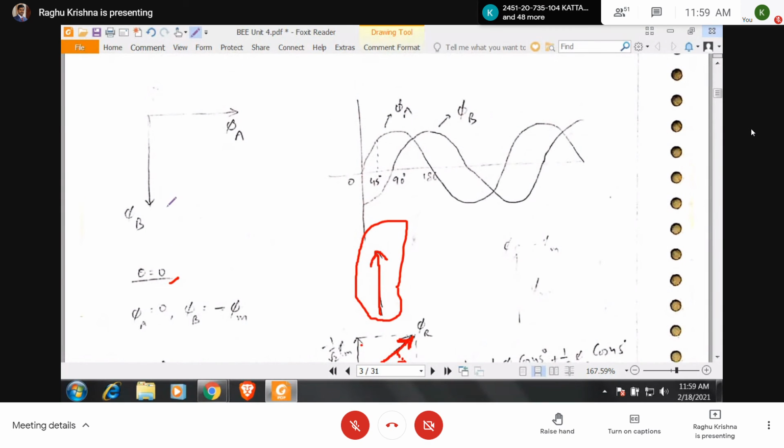When you have two fluxes with a phase displacement of 90 degrees, you are going to have a constant magnitude rotating magnetic field. And here phi b and phi a also have equal magnitude. So if the two fluxes have equal magnitude and are displaced by 90 degrees, you are going to have a constant magnitude rotating magnetic field.